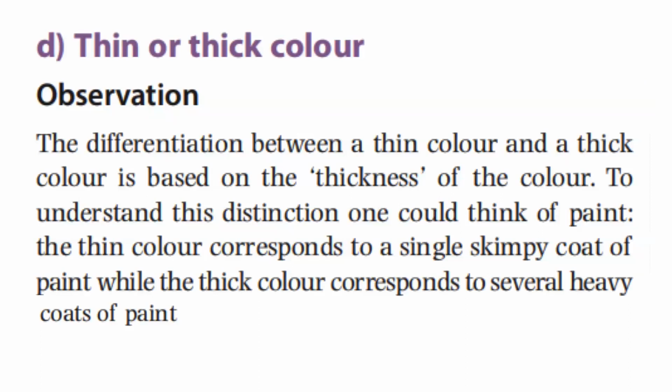Now let's go to thin and thick color. Observation. The differentiation between a thin color and a thick color is based on the thickness of the color. To understand this distinction, one should think of paint. The thin color corresponds to a single skimpy coat of paint, while the thick color corresponds to several heavy coats of paint.